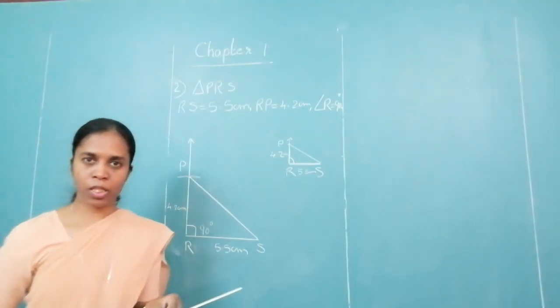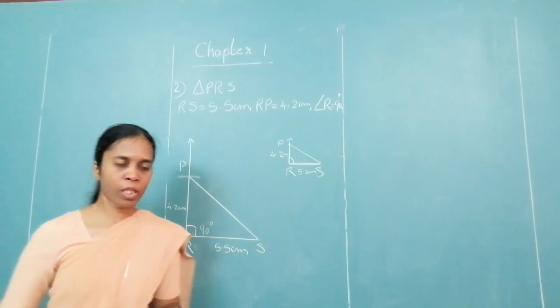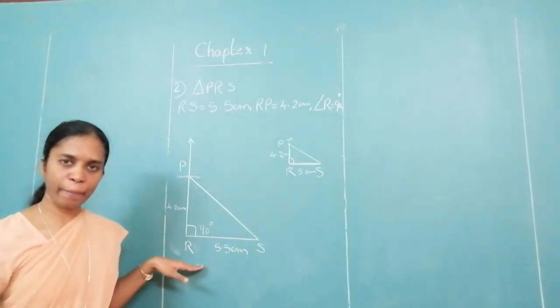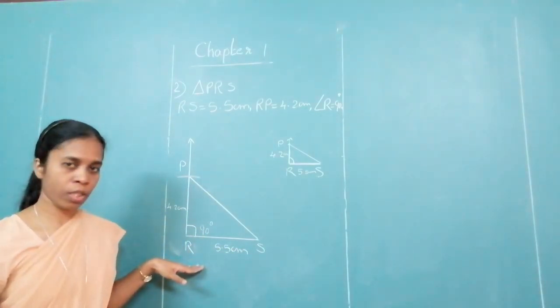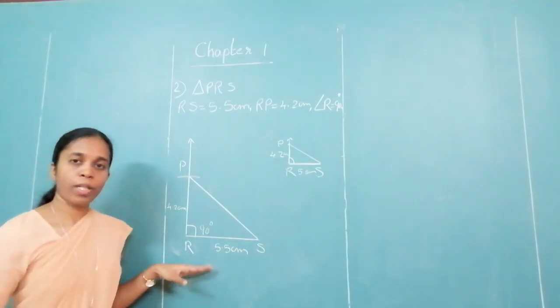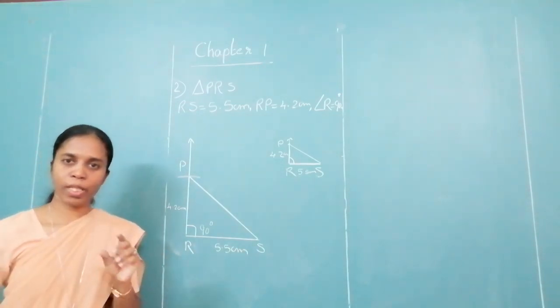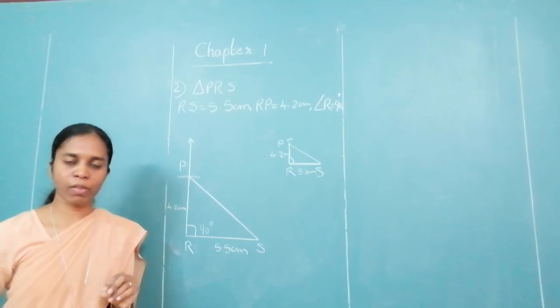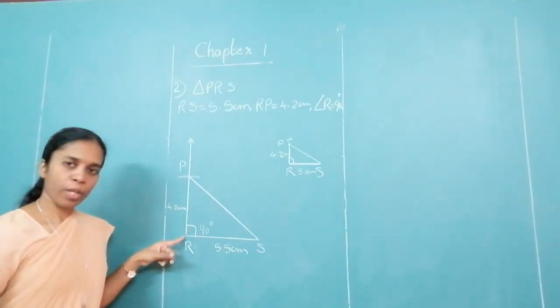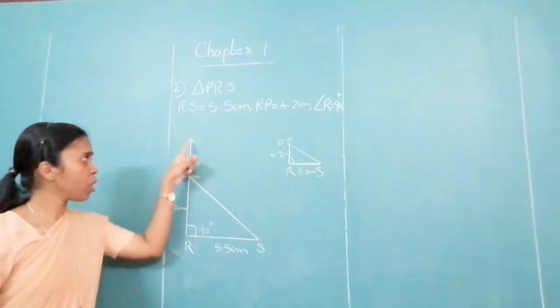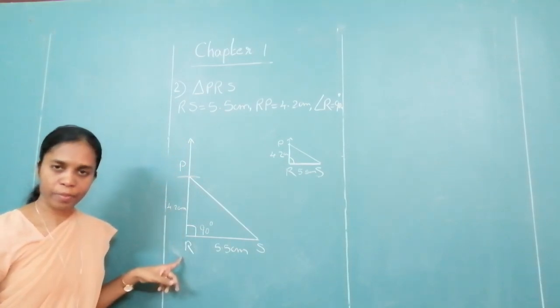I suppose this construction is clear to you. I repeat, first draw the base, and then whatever angle is given to you, look at which is the included angle that is given. Keep the protractor over here, mark the angle, draw the ray.